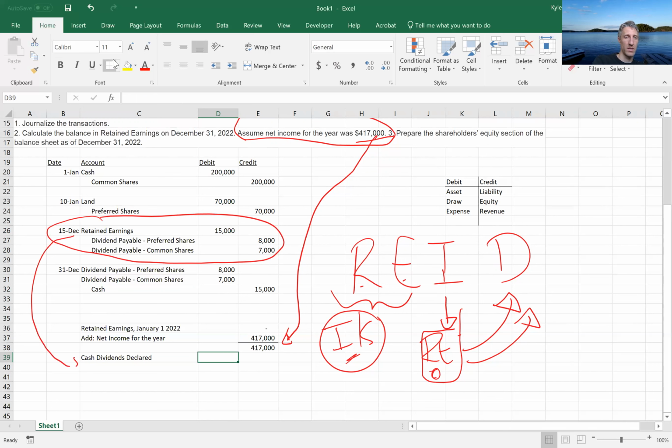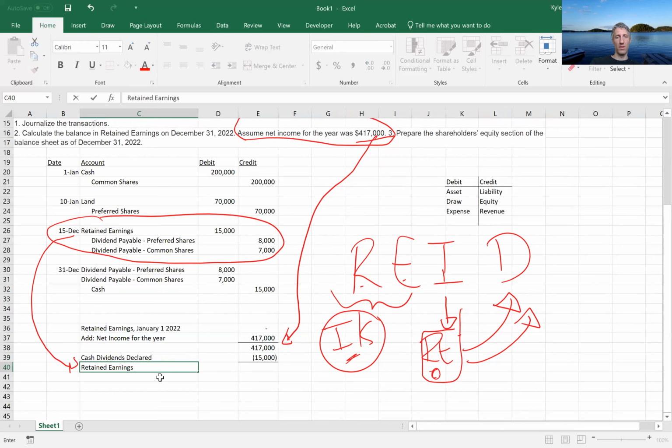So we need to bring that down here. Which means that after the dividends are declared, there's going to be a retained earnings balance on December 31st, 2022 of $402,000.